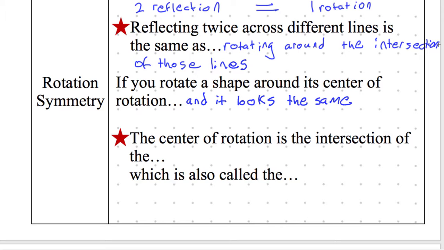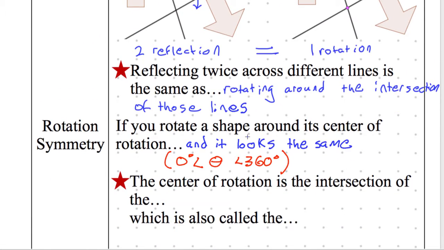And I'm going to put a note here: zero is less than theta, which is less than 360 degrees. So a rotation symmetry is whenever you rotate by bigger than 0 degrees, by less than 360 degrees, and it looks the same, that means you have found a symmetry of rotation.